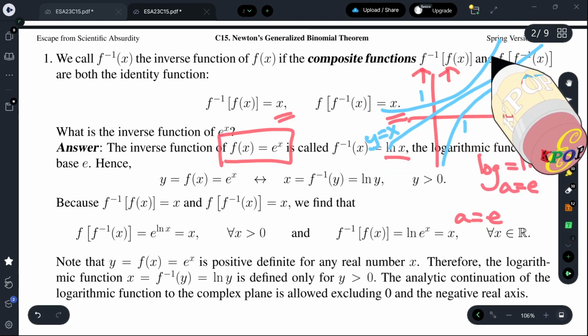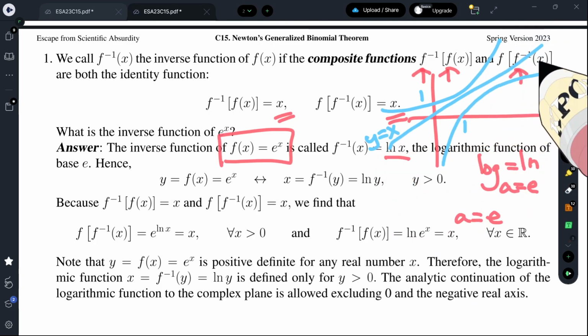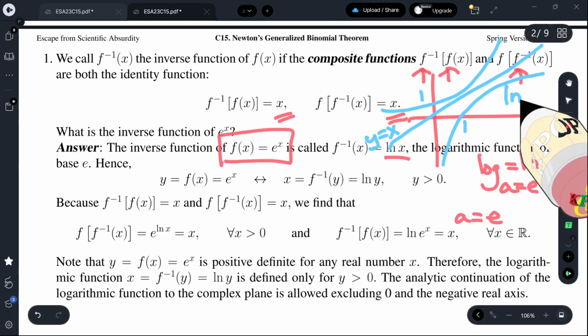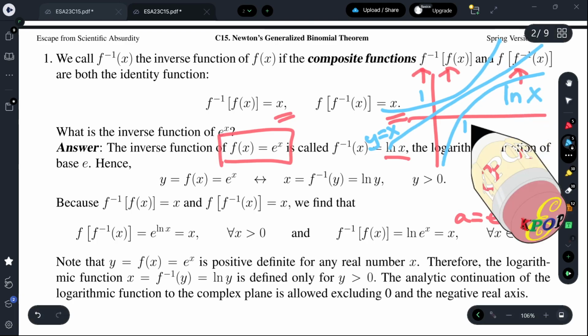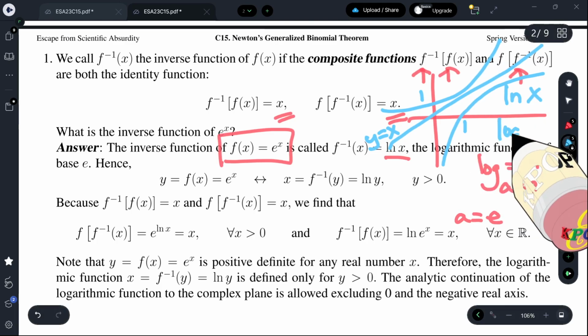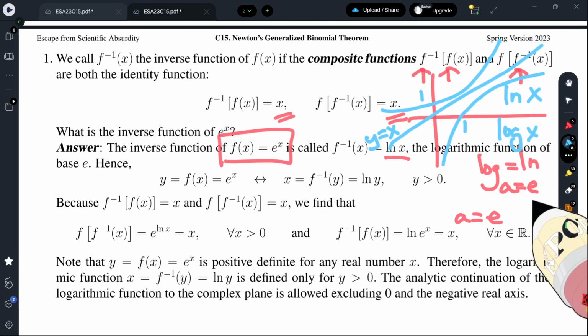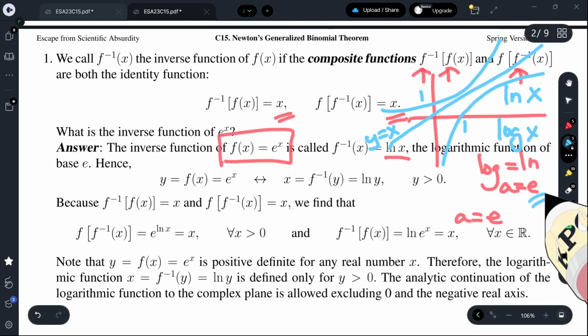With such symmetry, this is a function and this is an inverse function. We call this log x, the natural log. It doesn't matter if you write just log x.